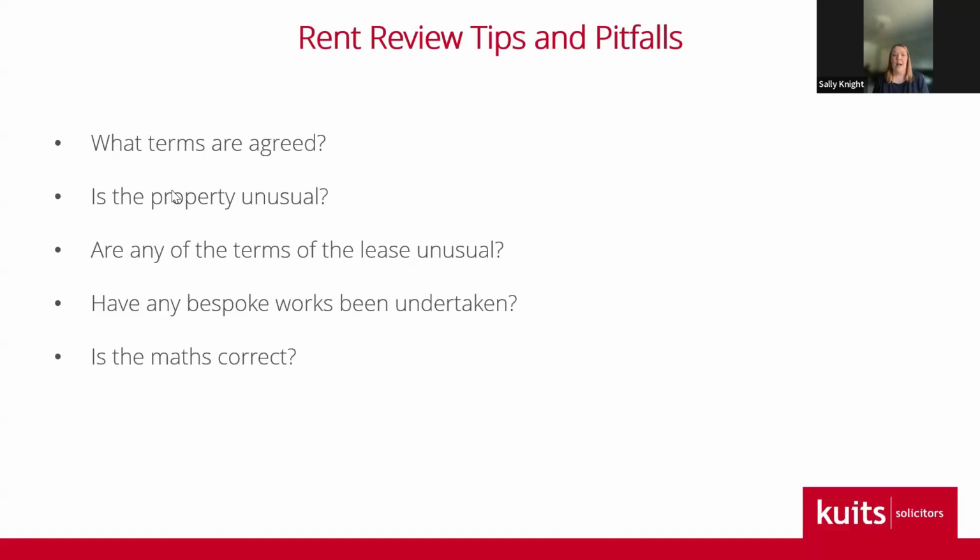The other way that premises can be unusual is, has the tenant been given an unusual nature of interest in that building? So if you take, for example, a tenant of some office premises, they may have been taking a number of floors within the same building, but the tenant may have asked to take those leases as separate leases of individual floors, just to give them a bit more flexibility for disposal in the future.